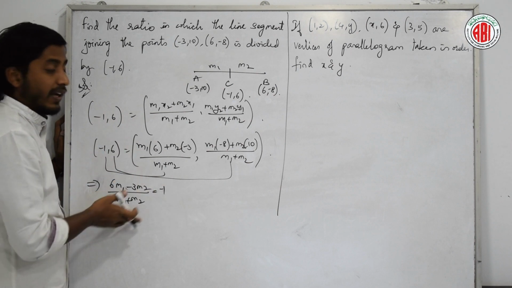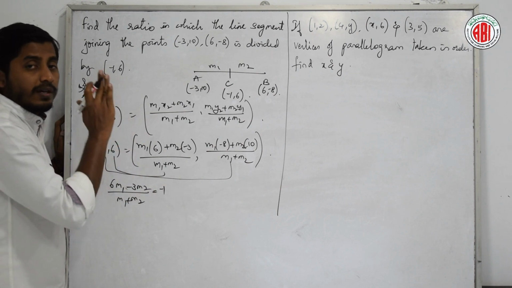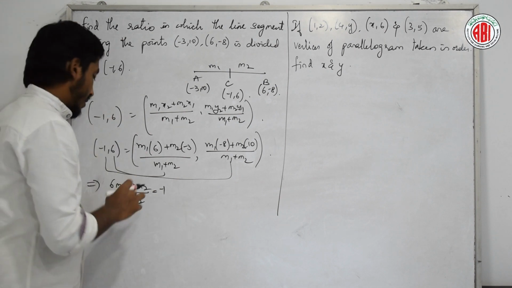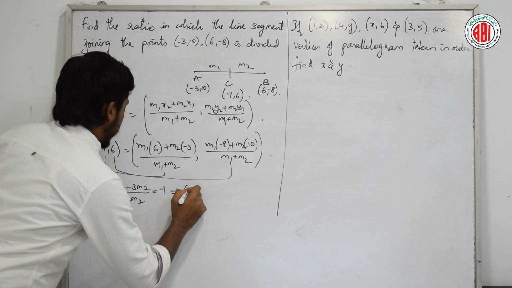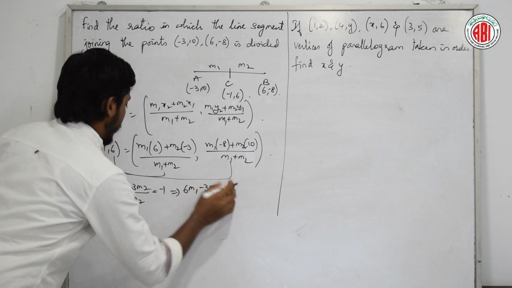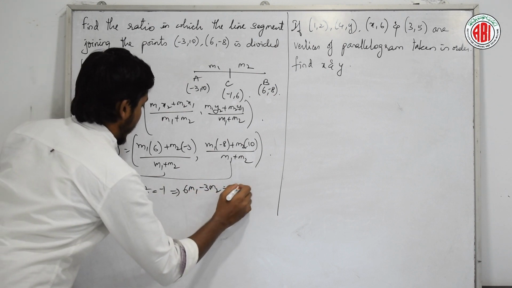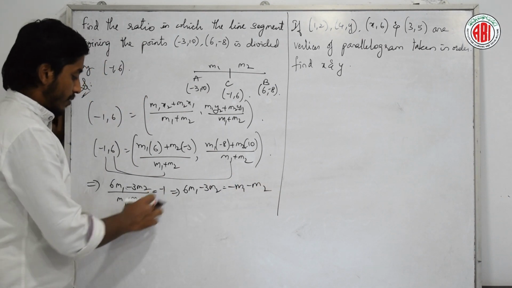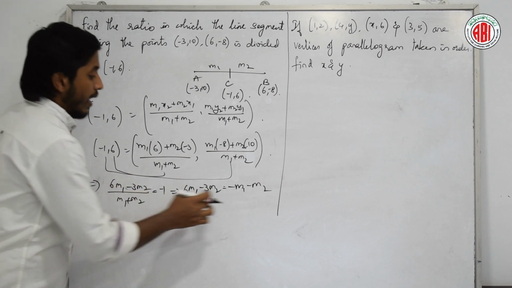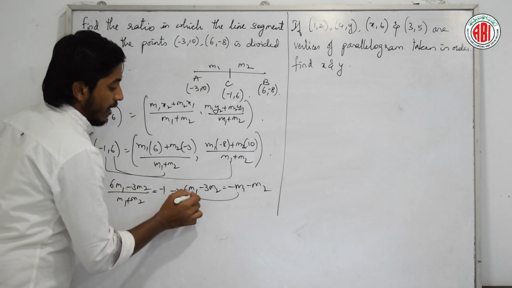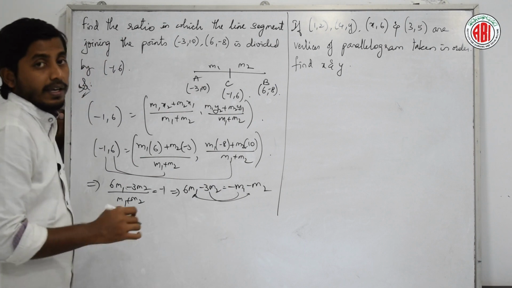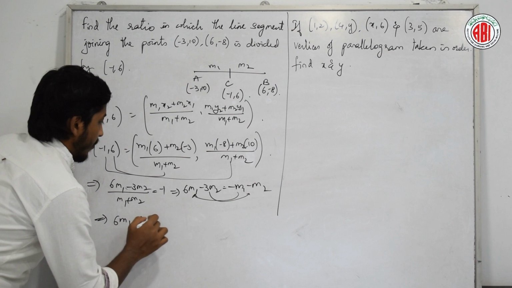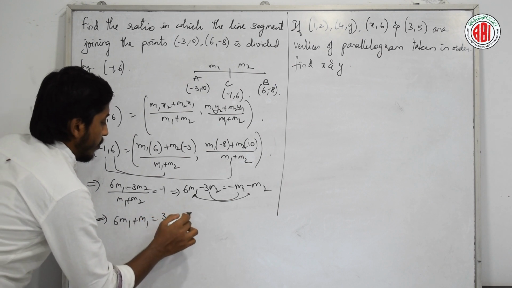Okay, see here, that is 6m1 minus 3m2 is equal to -1 into this term, that is -m1 minus m2. Is it right? Multiplying -1 with both gives -m1 minus m2, right? Now we bring the m1 value to the left side and take the m2 value to the right side. Done. See here, 6m1 plus m1 is equal to 3m2 minus m2.